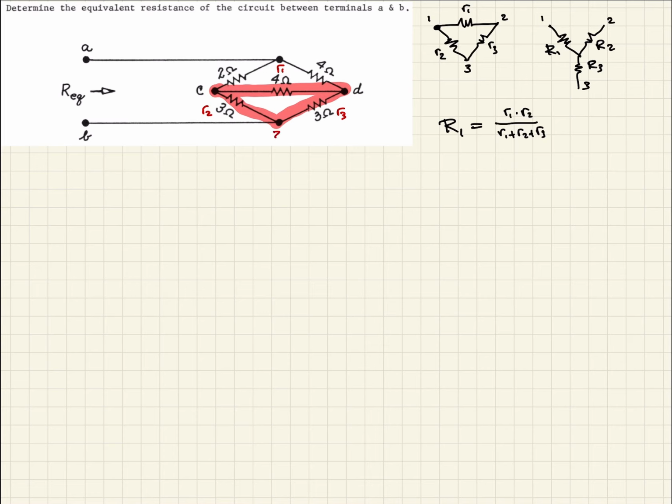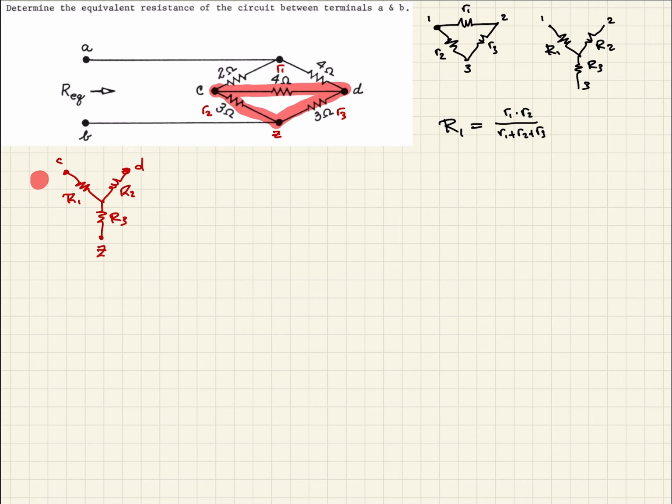And then we're going to arbitrarily call this node here Z. So we have nodes C, D, and Z. Looking at that, we want to transform that to a Y configuration. So this would be node C, this would be node D, and this would be node Z. And so now we'll have R1, R2, and R3.